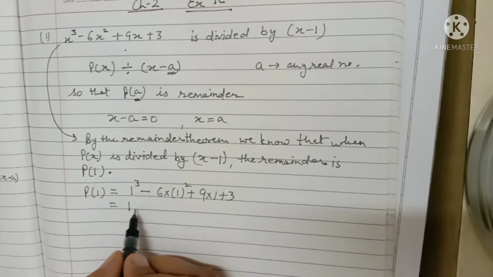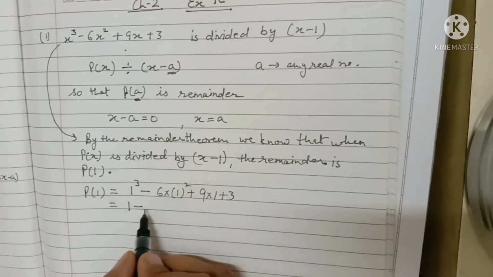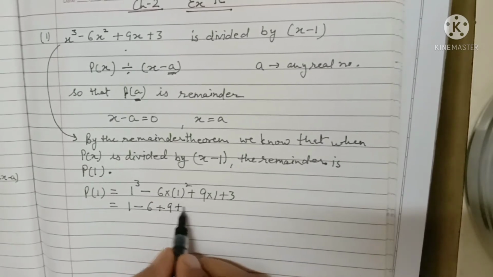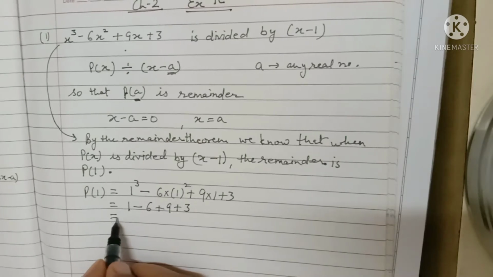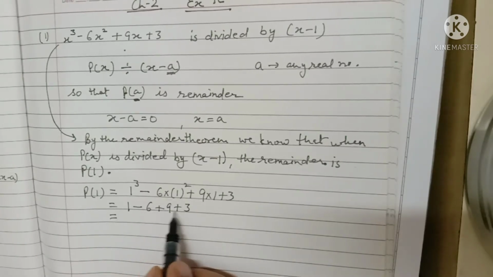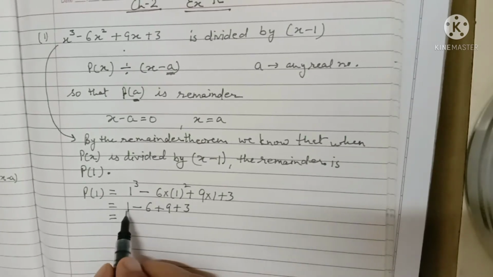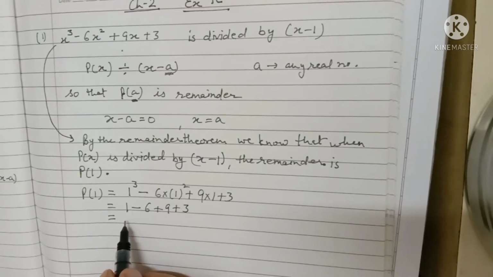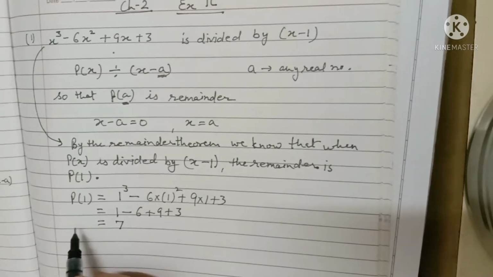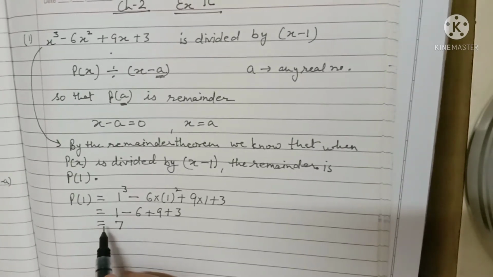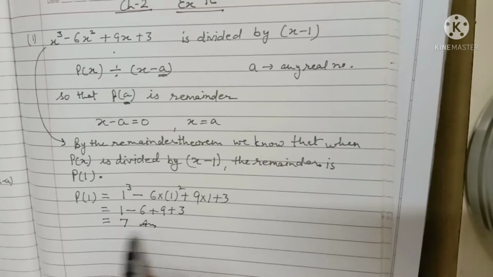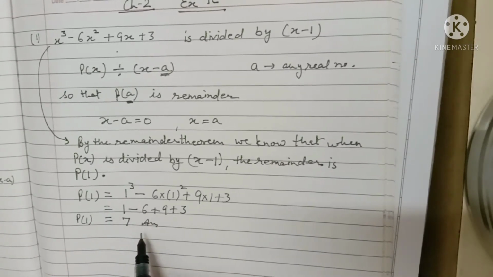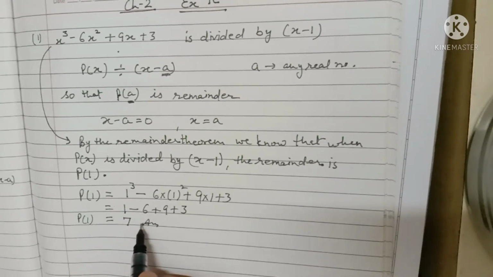Now this is 1 minus 6 plus 9 plus 3. This becomes 9 plus 3, 12, and 1, 13, minus 6 is equal to 7. So p(1) is equal to 7. Answer: p(1) is equal to 7. So our remainder is 7.